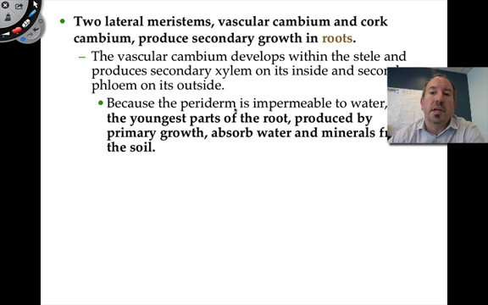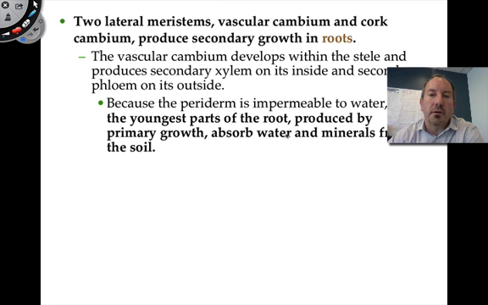And what's interesting is that though the root can develop bark on the outside of it, that isn't where water is being absorbed. Deep, deep, deep in the soil is where the young roots are, which are very thin. And that's where water absorption and mineral absorption takes place. That is, again, if you're a redwood tree, and then your roots are a little bit closer to the surface, and they grow more laterally than they do deep.